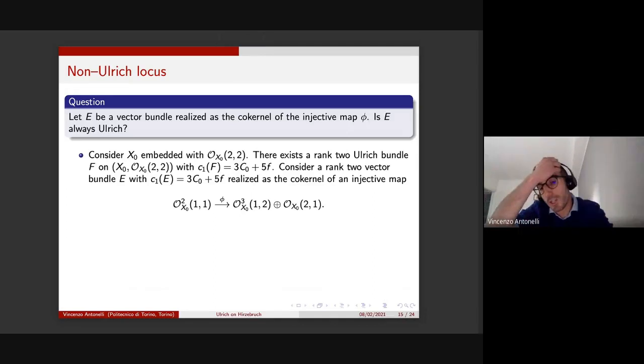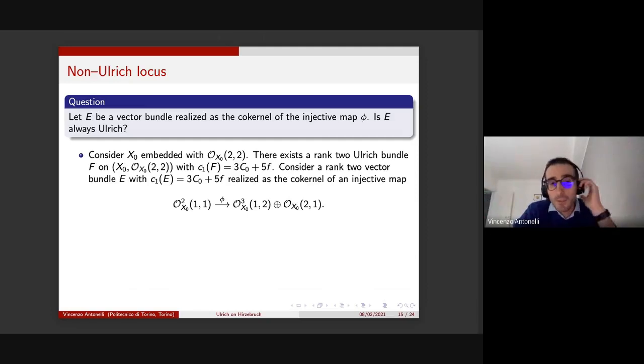And here I will just make an easy example. If you take P1 cross P1 embedded as a del Pezzo surface, so anti-canonically, then on this variety, you can consider a rank 2 Ulrich bundle with the C1 equal to 3C0 plus 5F. This is not the special one because the special one would be 4C0 plus 4F. So it's another admissible first Chern class.